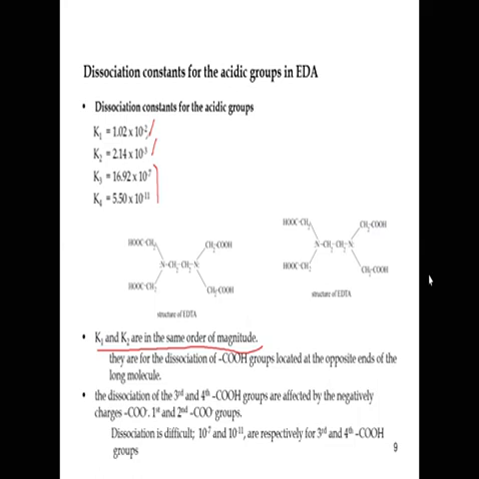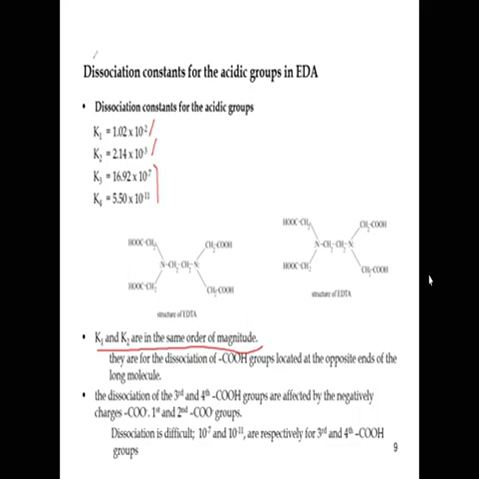The third one is difficult, and the fourth one is the most difficult. The reason is, by dissociating a carboxylic group, you get minus charges on the molecule. The minus charges on the molecule really affect the dissociation of the next carboxylic acid group, right?